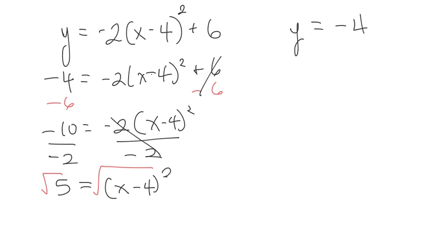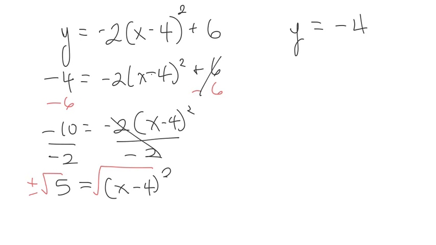When you square root 5, for example, you get around 2.2. But actually, there are two numbers that when squared give you 5 as a result: 2.2 is one of them, but also -2.2. So it's really important that when you square root a number, you write down plus or minus to account for the two possible answers, positive square root 5 and negative square root 5. You'll see in a moment why that's so important.